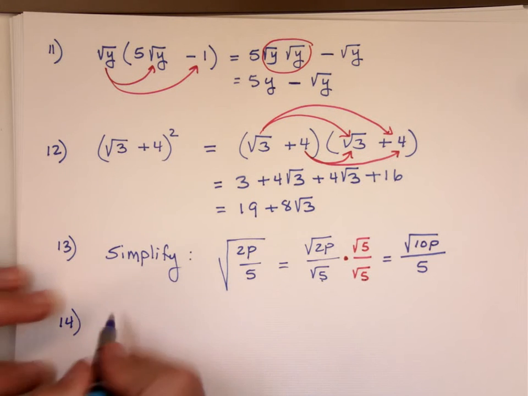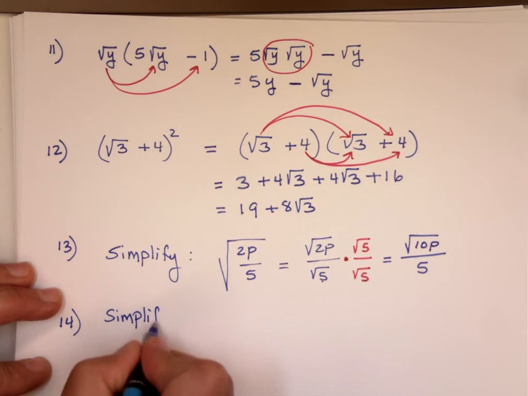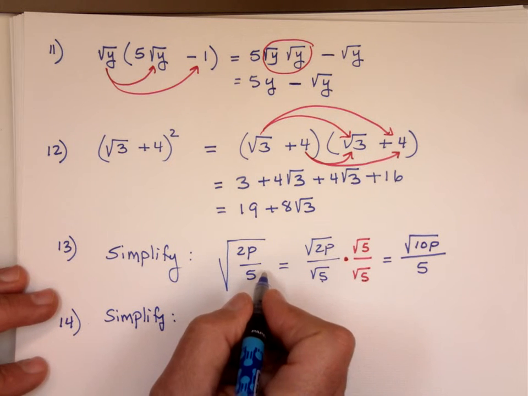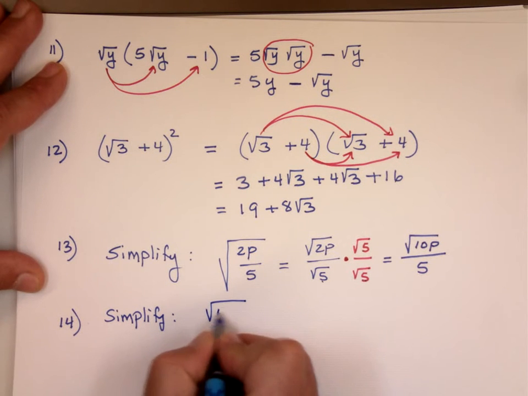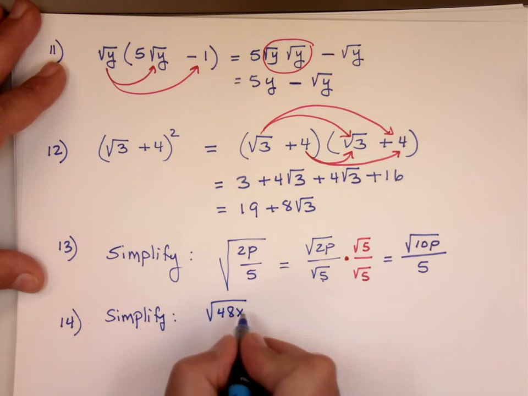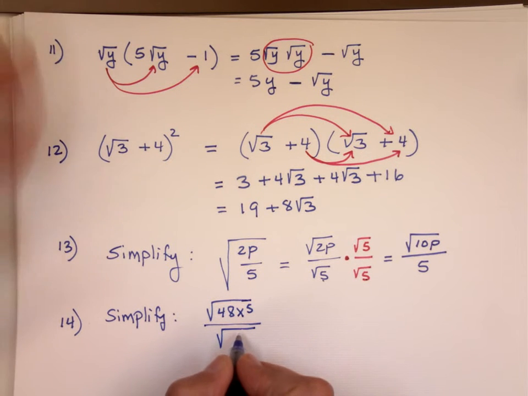Simplify again. The square root of 48x to the 5th divided by the square root of 2x.